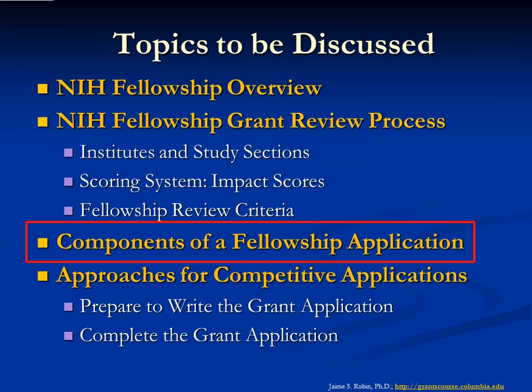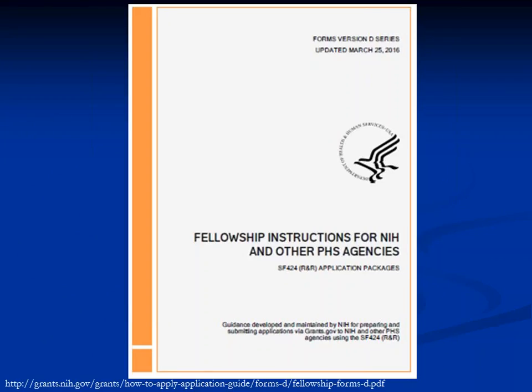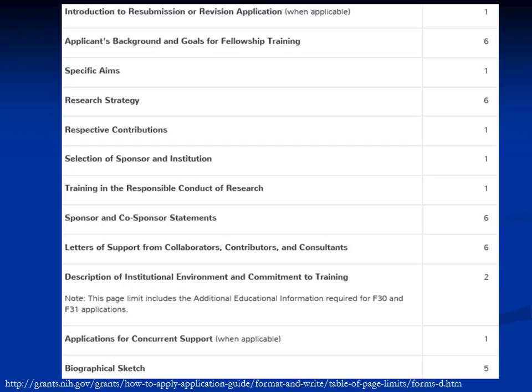So what are the different components of the fellowship application? There's new forms, Forms D, that was released early this year. Make sure that you're not using one of the earlier versions, that you're using Forms D, as in dog. Make sure you take into account all the different page limitations.